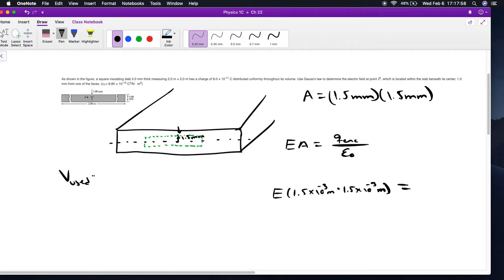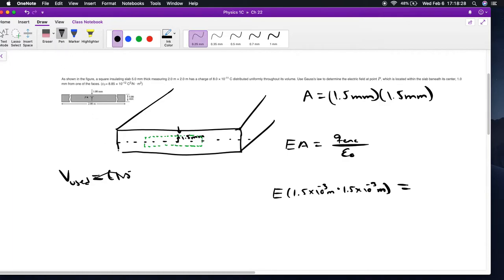It's just going to be 1.5. Oh, let me just fix that real quick. Small eraser. There we go. Sorry about that.